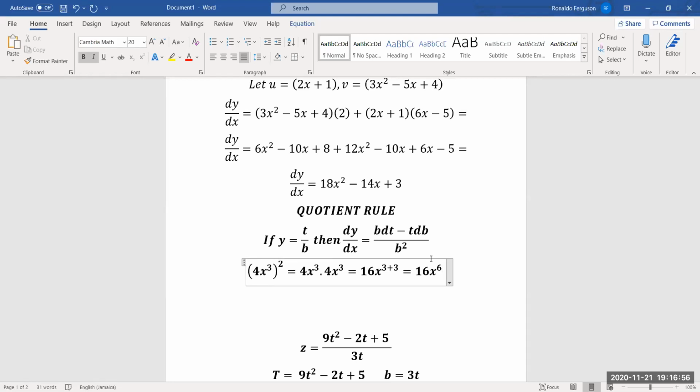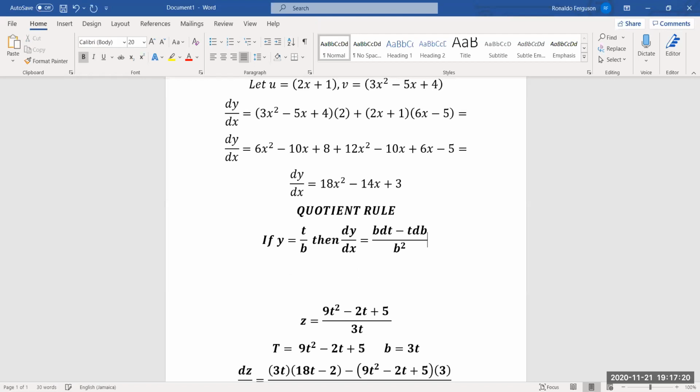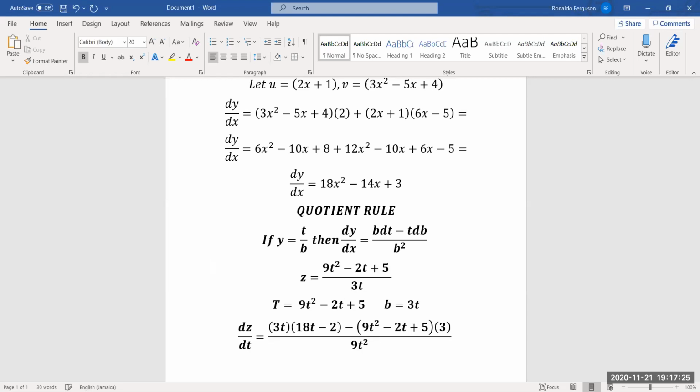A lot of people make the mistake of just squaring the number. You have to square this term too. Both of the terms are being squared. So that's very important to note. So this is dz by dt.